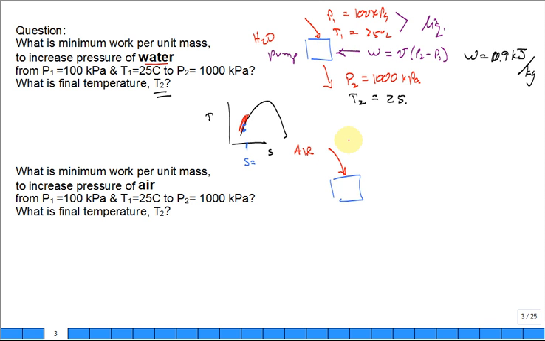I'm bringing it in at the same pressure, 100 kilopascal, and the same temperature, 25 degrees C. And I suspect that I'm going to need 298 Kelvin, because a lot of times we use things like PV equals RT, the ideal gas equation. You always need absolute temperatures in there. We will come out at state 2 with a pressure of 1,000 kilopascal. Same pressure increase.